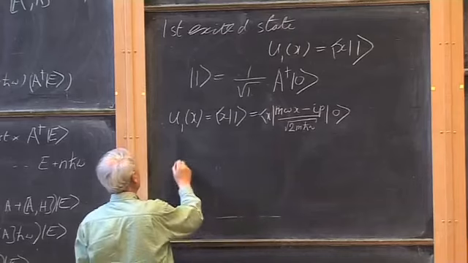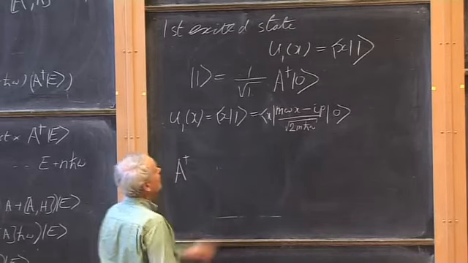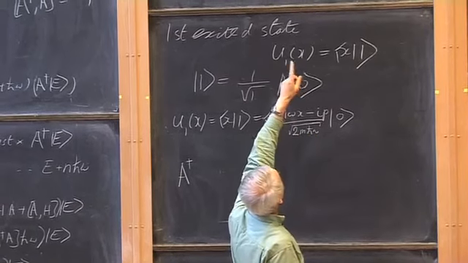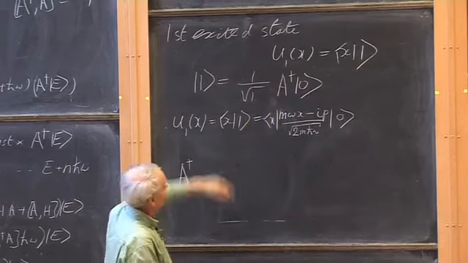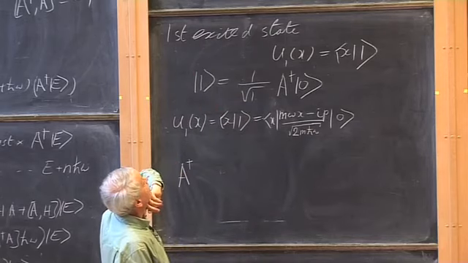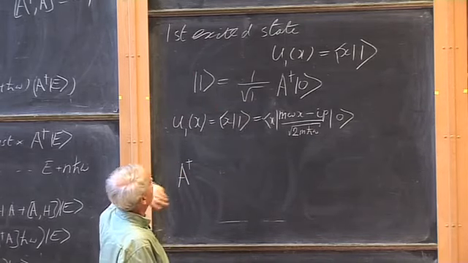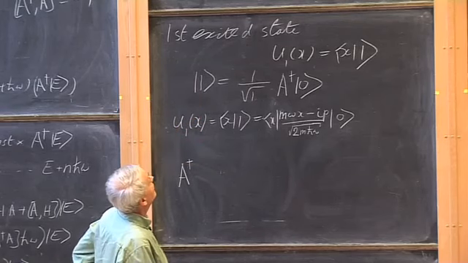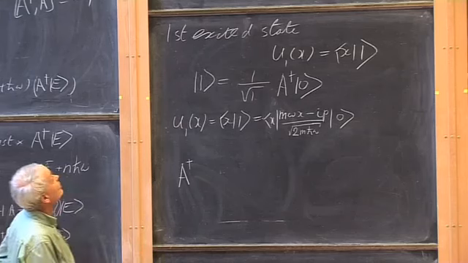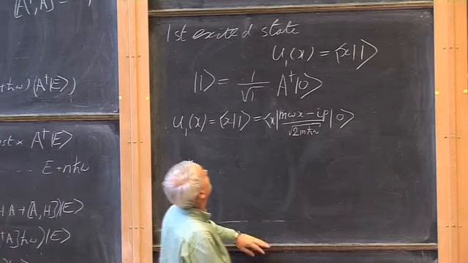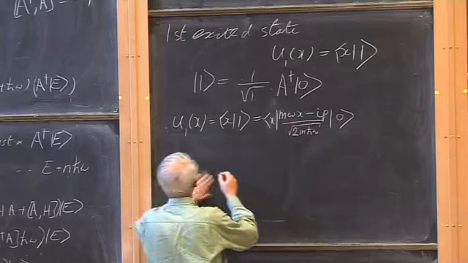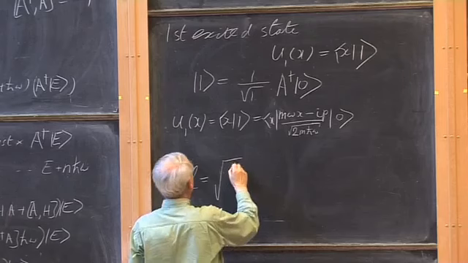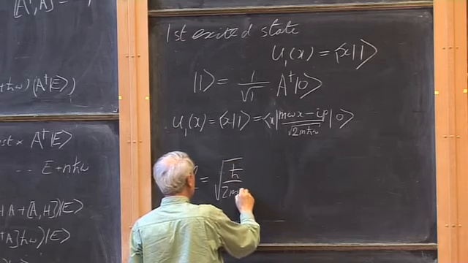So let's say what a dagger is in terms of L. L is equal to the square root of ħ over 2mω.